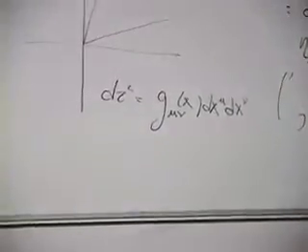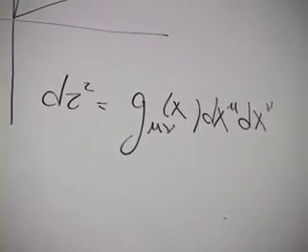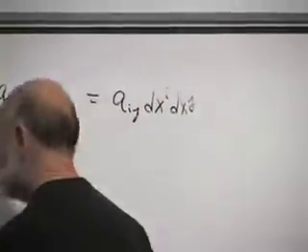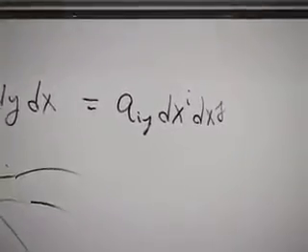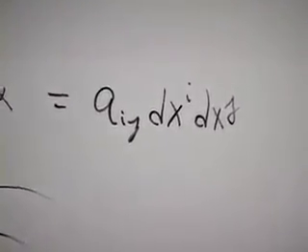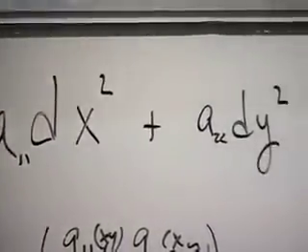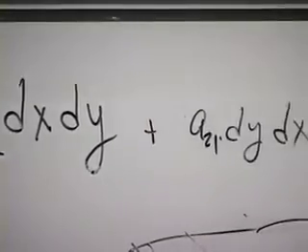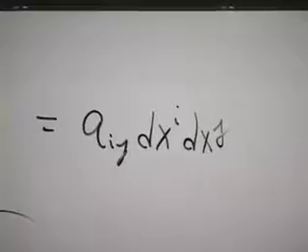Just in case it was not obvious, this can also be written as a_ij dx^i dx^j, summed over i and j. So this is a very, very general way of writing the space-time interval between an arbitrary pair of points. And if you know what g mu nu is, then you know the space-time geometry completely.